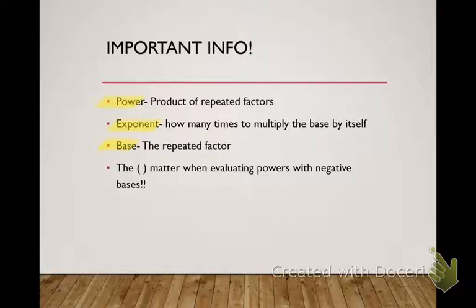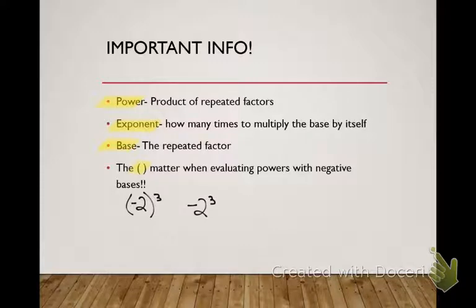Okay? Now, this last statement, what is that symbol on the last statement that I just highlighted? That is parentheses, and they matter when you have a negative base. So I'm going to show you briefly what I'm talking about here. We have negative 2 to the third power, and we have negative 2 to the third power, okay?